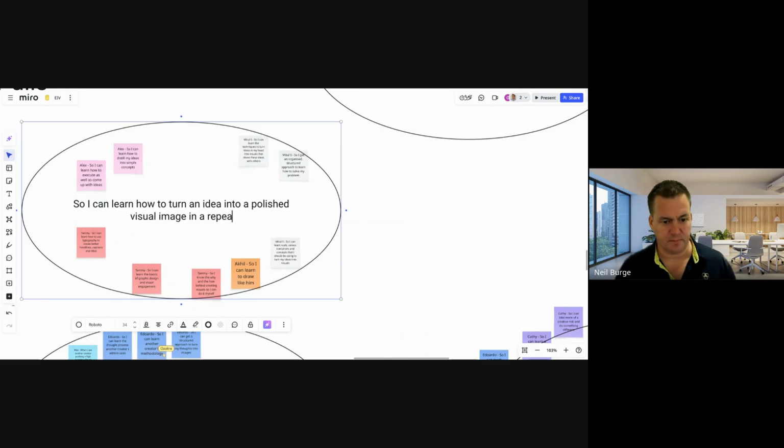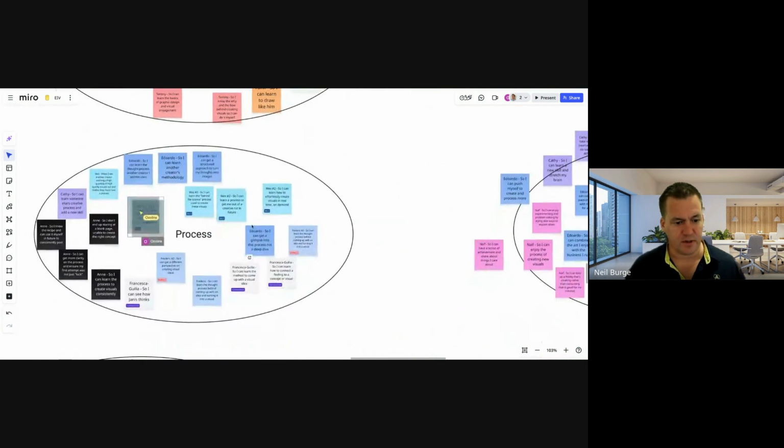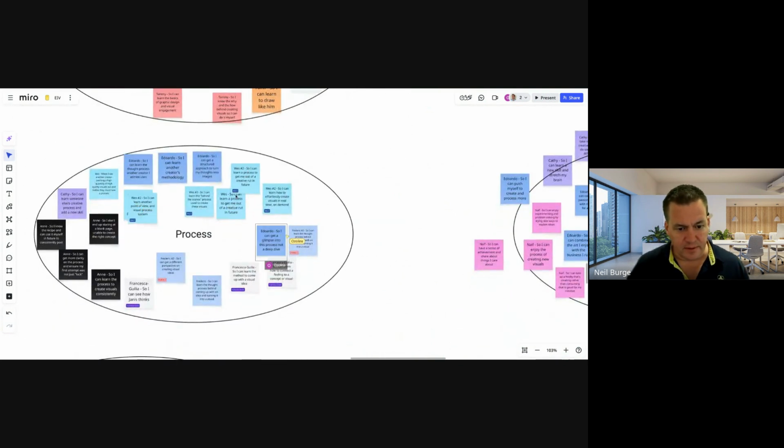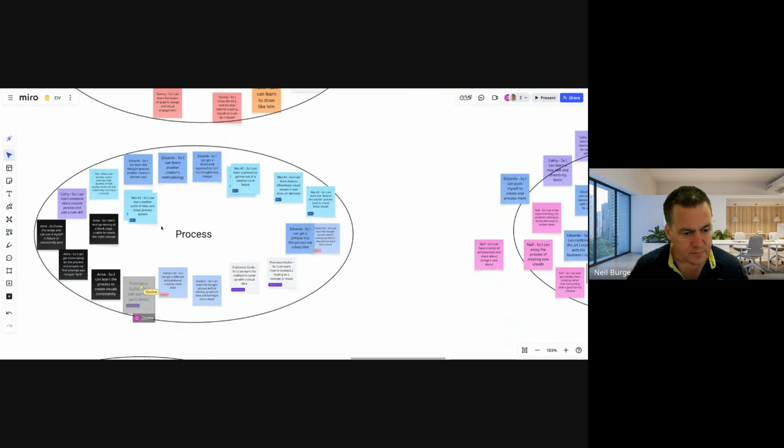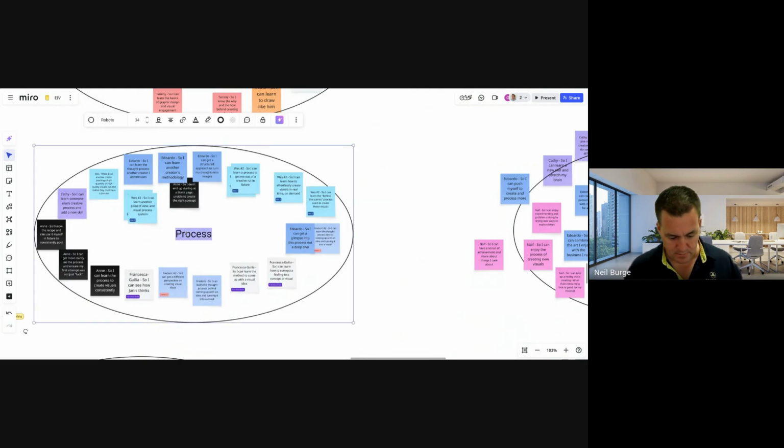In a repeatable way, because everybody wants process for the repetition side of things. And yeah, drag that up over there.